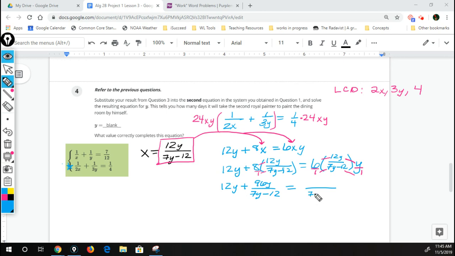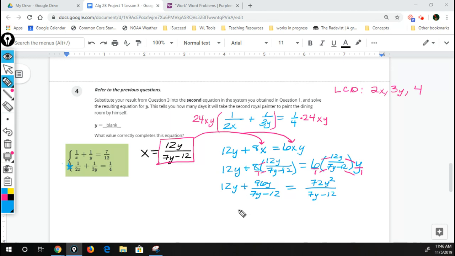So that one's pretty straightforward. 6 times 12y is 72y. And then 72y times y becomes a 72y squared. Okay, we're still just in this simplification process.